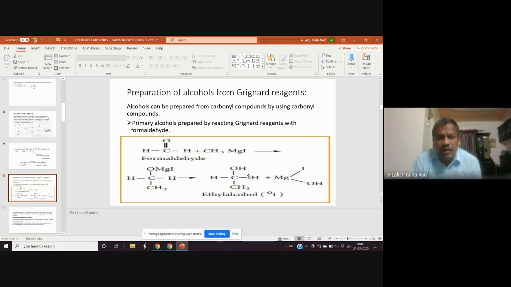Then, how are primary alcohols prepared by using Grignard reagents? For the preparation of primary alcohols, we have to use formaldehyde. That means formaldehyde has to be reacted with the Grignard reagent. An example for this reaction is when formaldehyde is reacted with methyl magnesium iodide, an intermediate is formed in the first step.